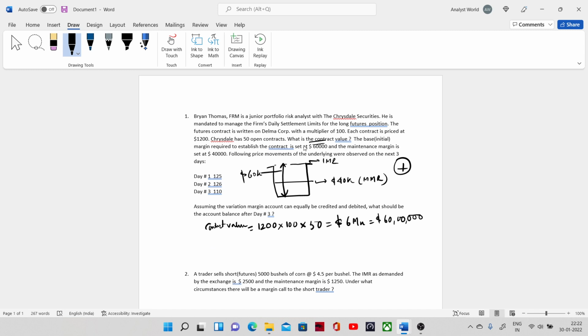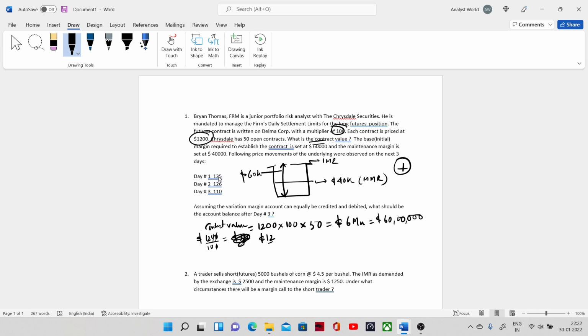Now, because of a multiplier of 100 and 1200 being one contract size, the price of the underlying here is basically 12. So the multiplier happens to be 100, and 1200 divided by 100 is 12.